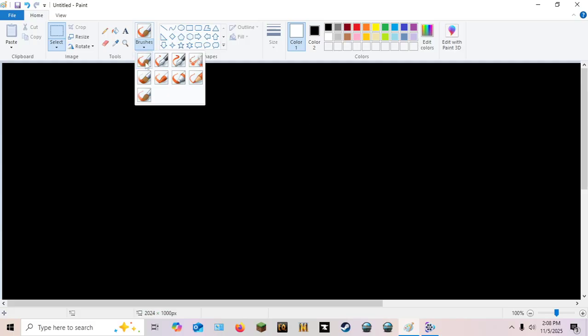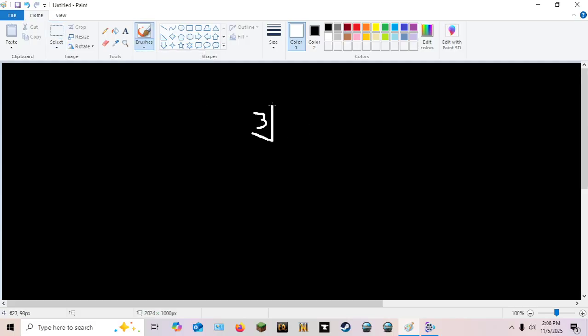Cube roots. Let's say the cube root of x equals 10. Okay, so it has an index of 3.